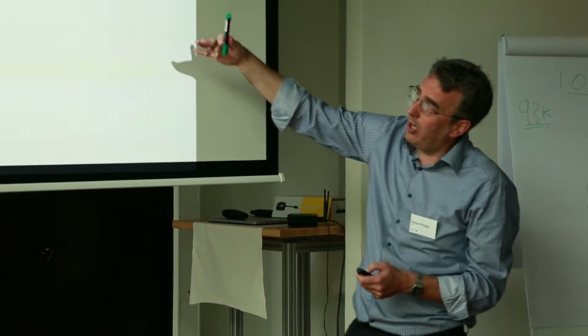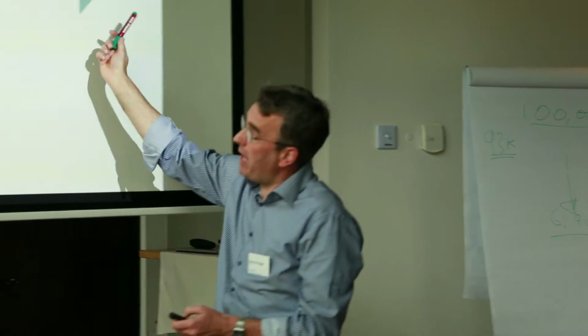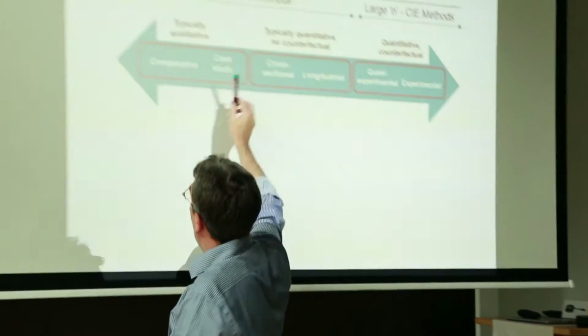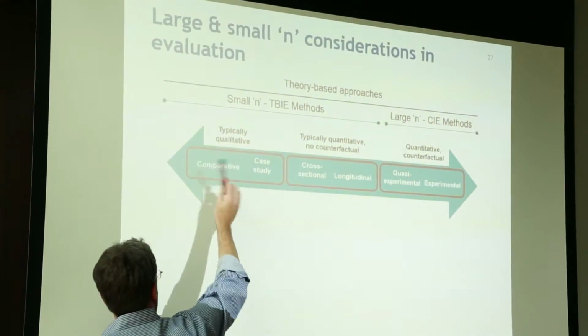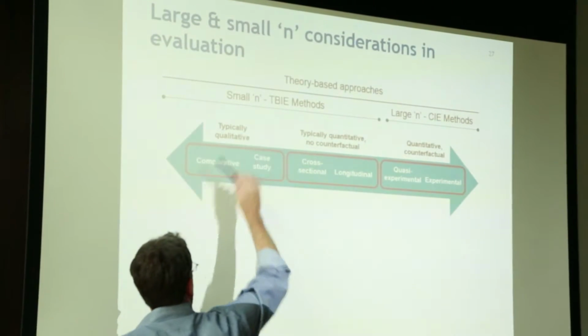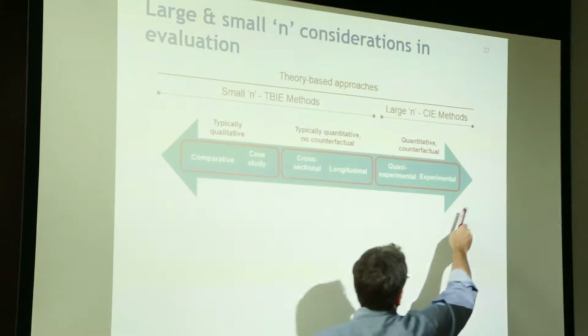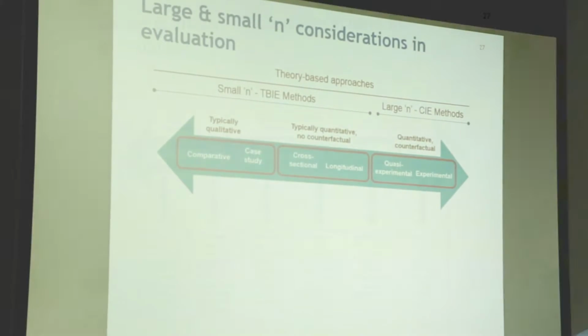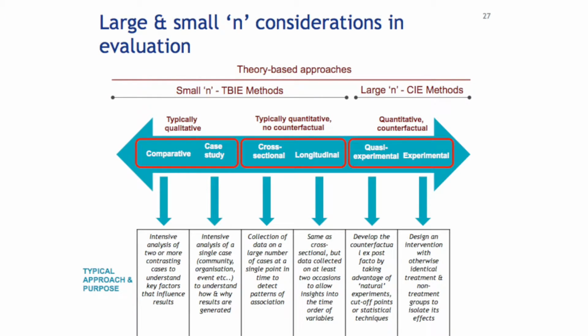And that then gives rise to this sort of spectrum of methods ranging from comparative methods, which are typically qualitative under TBIE, right the way through to experimental or quasi-experimental methods, as social scientists would undertake it for CIE.